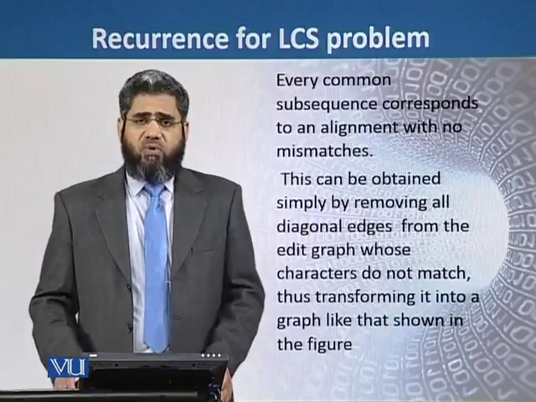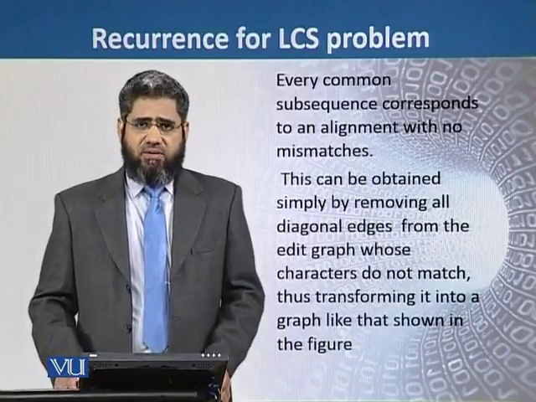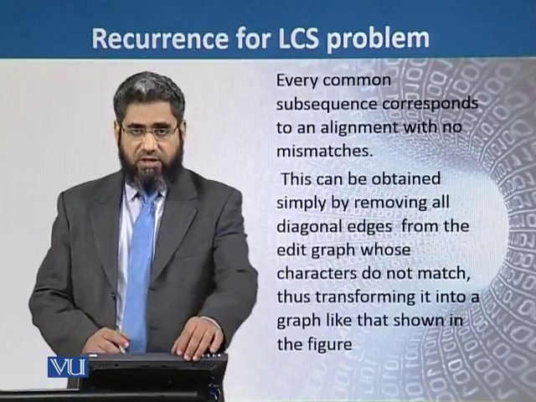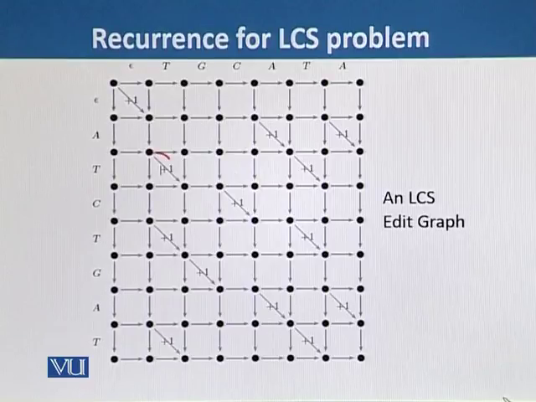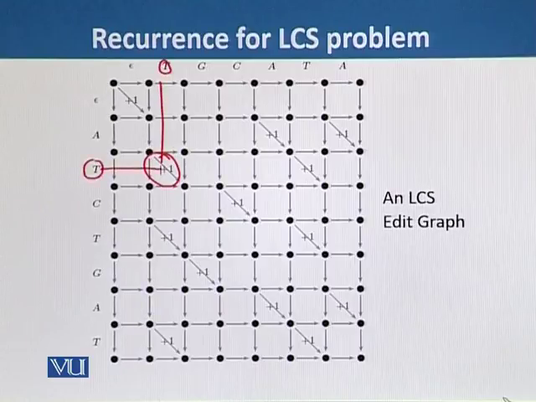After removing the diagonals, we get a specific figure that we will see in the next slide. So we get this type of graph, and we can see that we have retained only those diagonals. For example, if we consider this diagonal, at both positions T is present.